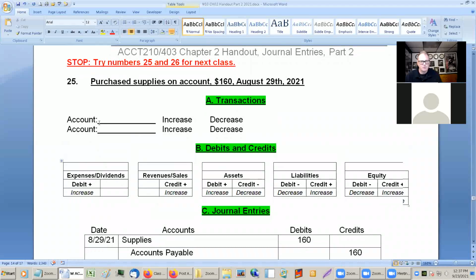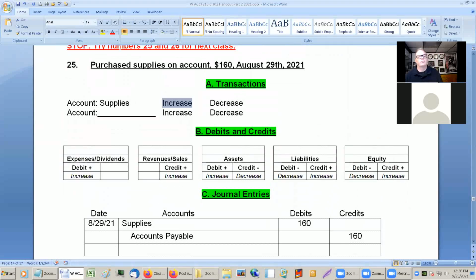Okay. So as was mentioned, counts our supplies. That is increasing. And accounts payable, we owe more money now.